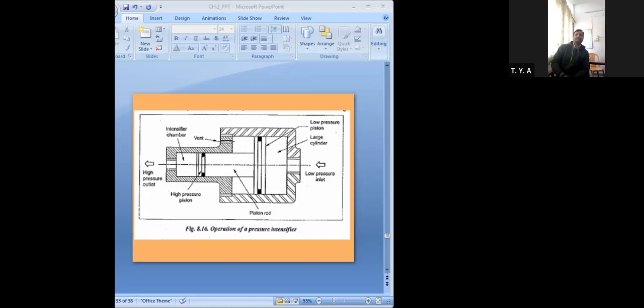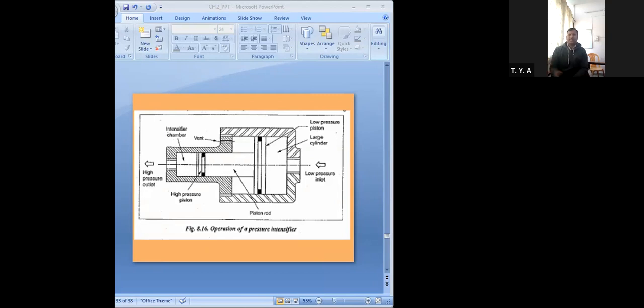Now here itself I would like to tell some advantages of this intensifier. Some of the important advantages of employing this pressure booster I will tell. The first advantage is that in a hydraulic circuit which requires a low volume high pressure flow over a short period, you can use this pressure intensifier and eliminate the need for an expensive high pressure pump.